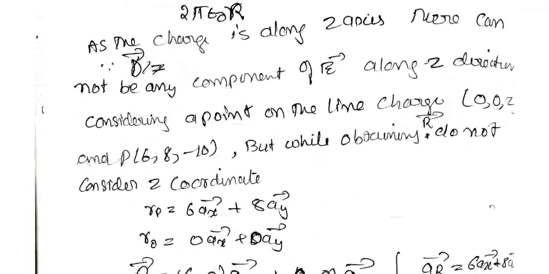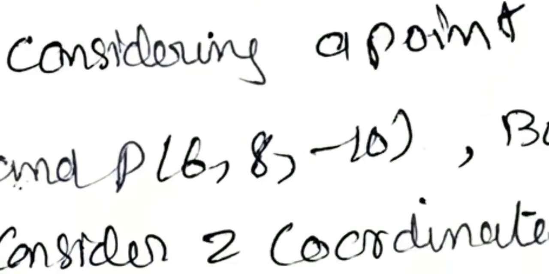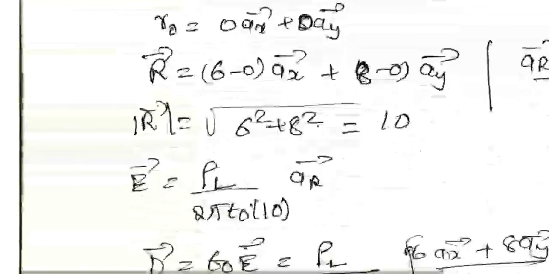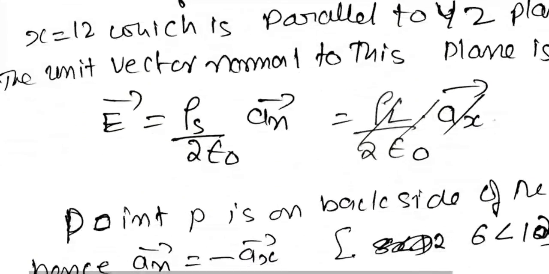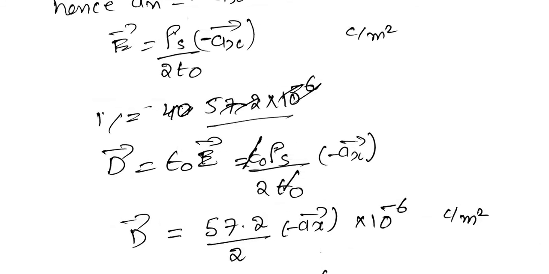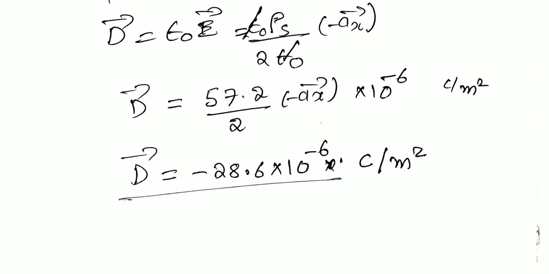The value of x at the point of measure is 6 here. So this 6 is less than 12. It indicates the point we are measuring is present below our sheet. Because it is present below our sheet, the unit vector should point in the opposite direction. That is, instead of plus aX, it is minus aX.